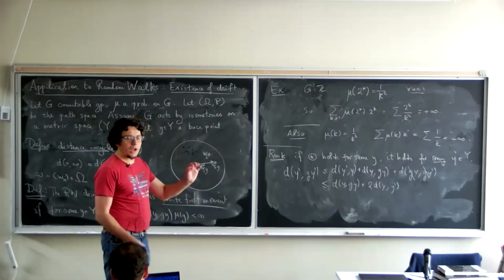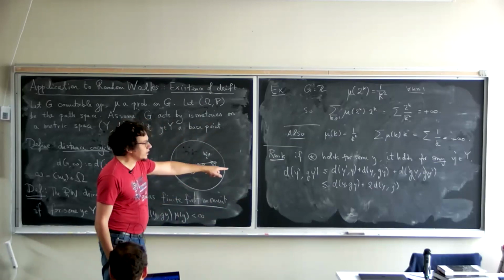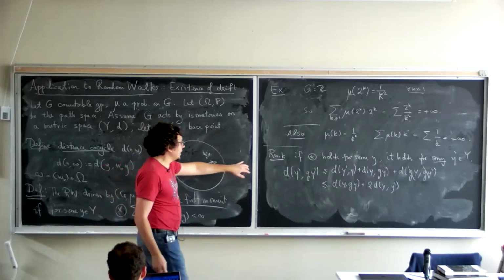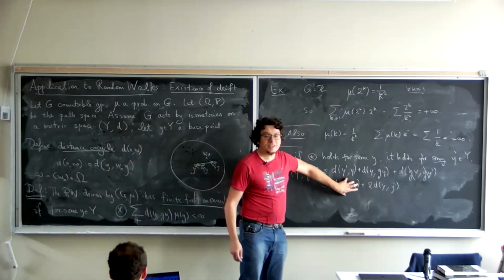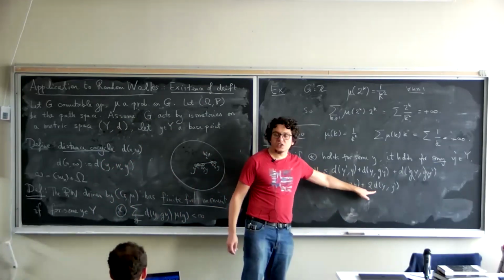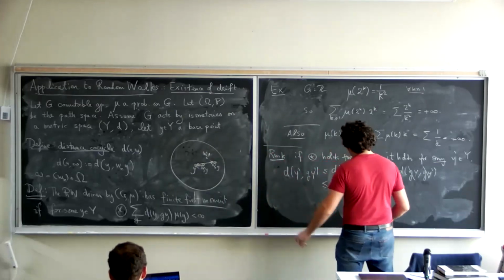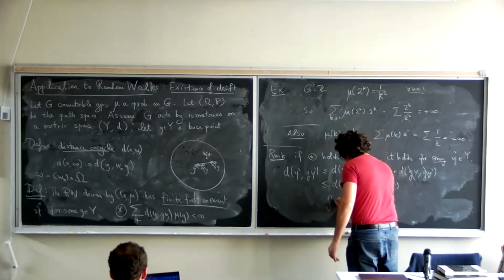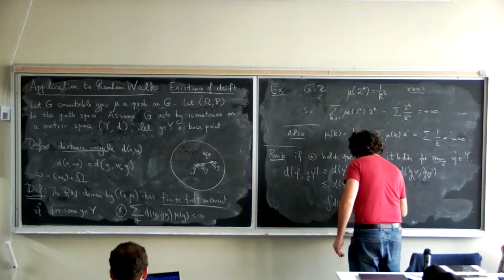So whenever I give you y and y prime, now if you integrate on both sides, this integral is finite. This is just a constant, does not depend on g. Another way of writing this is the integral of d(y, gy) d mu g.